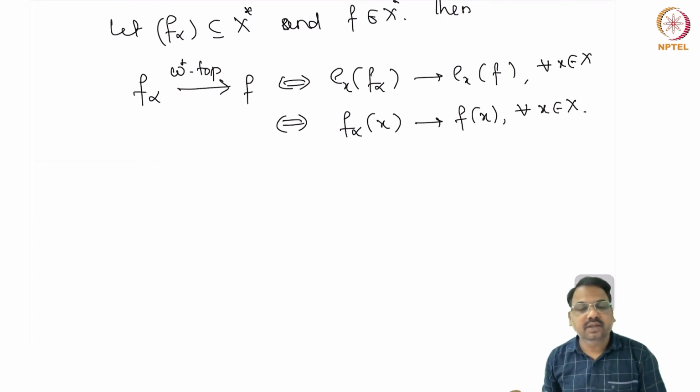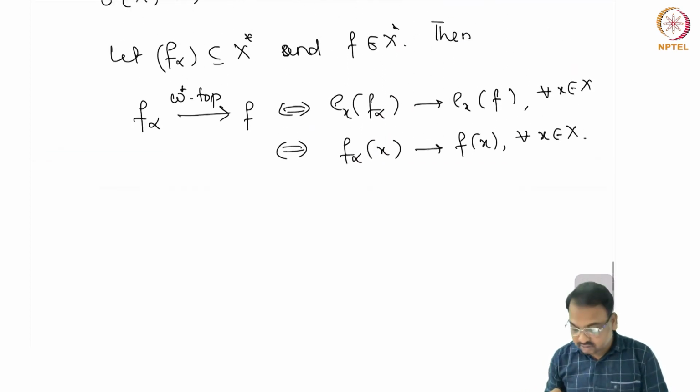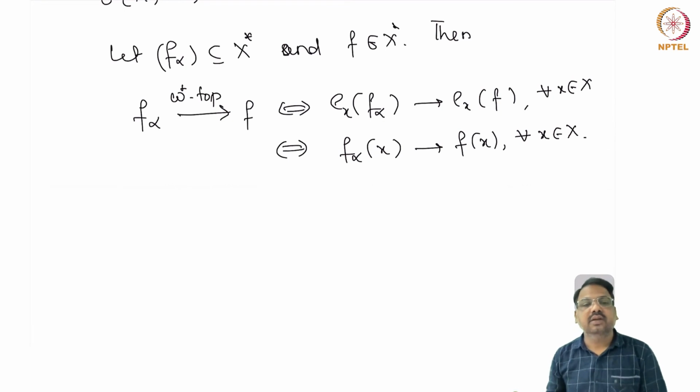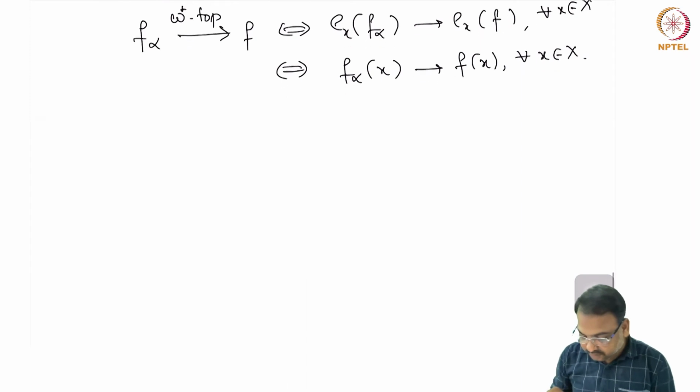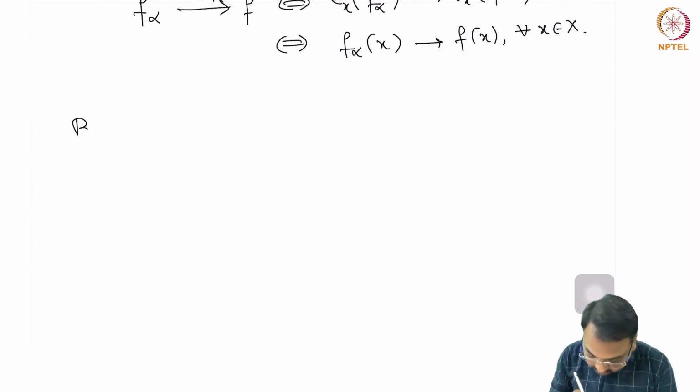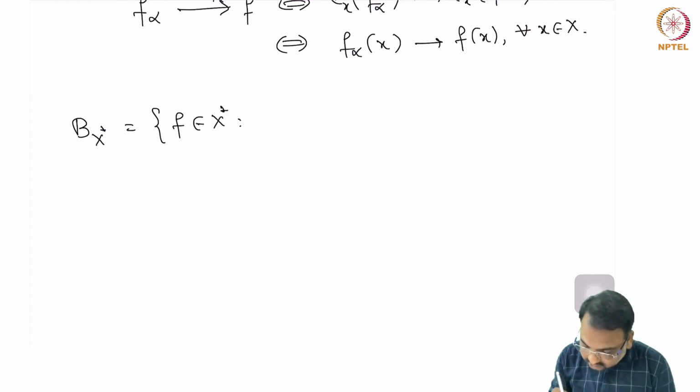So this is convergence with respect to the weak star topology. Now we can ask what is the advantage of having this weak star topology instead of considering the weak topology. We know that if you look at B(X star), the closed unit ball in X star, that is the set of all f in X star such that norm of f is less than or equal to 1.